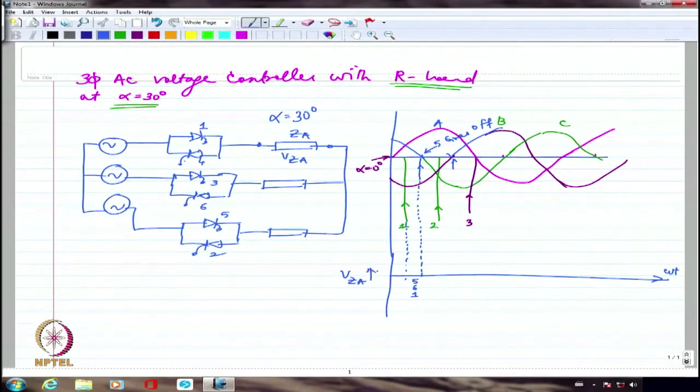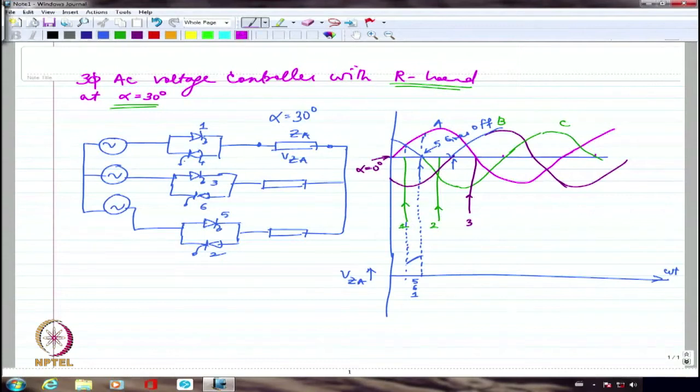Whatever is VAN, something like this, is going to be the voltage waveform. This is VAN. The portion between these two, where 1 is fired and 5 is going off, is exactly this portion of VAN. So I am going to have VAN coming up during this portion.